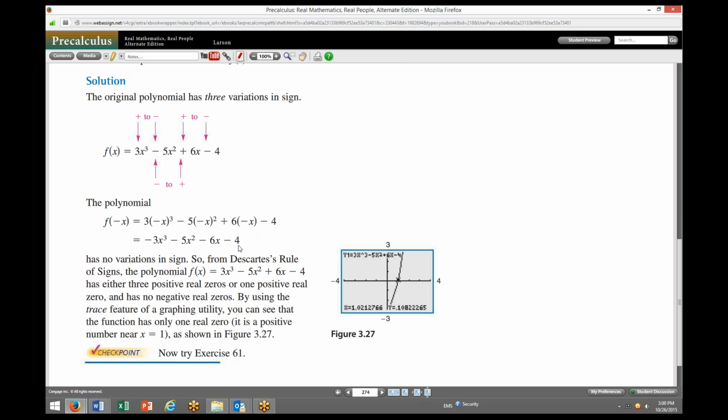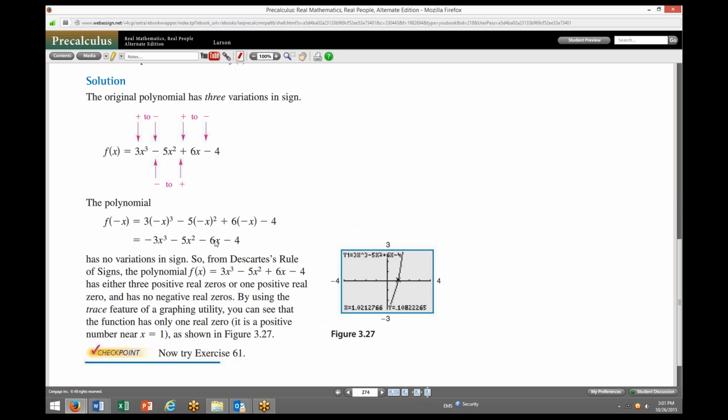All the terms in the polynomial for f of negative x are negative, so there are no changes in sign going from the first term on the left to the last one on the right. The number of changes of sign is 0, which tells us that, by Descartes' rule of signs, this polynomial has no negative real zeros. It doesn't have any. It cannot have a negative number as a real zero. It's very interesting stuff.